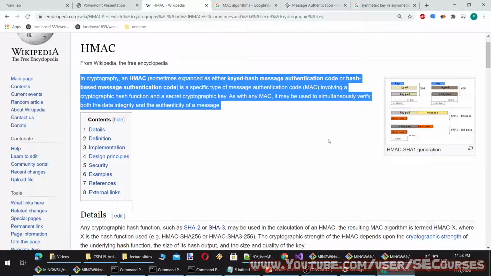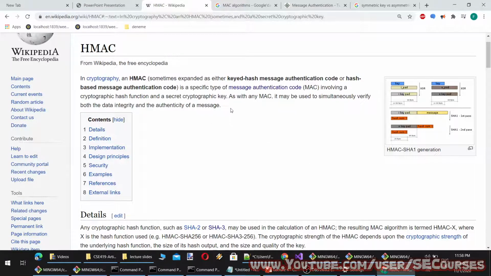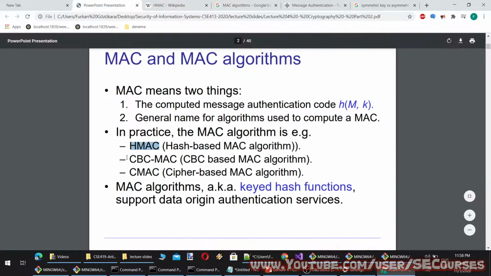In cryptography, an HMAC, sometimes expanded as either keyed-hash message authentication code or hash-based message authentication code, is a specific type of message authentication code (MAC) involving a cryptographic hash function and a secret cryptographic key. As with any MAC, it may be used to simultaneously verify both the data integrity and the authenticity of a message. Okay, there's also CBC-MAC.